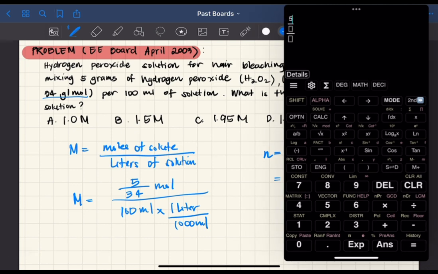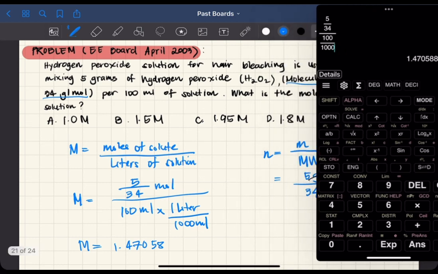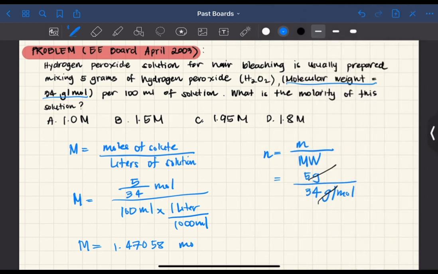This is 5 over 34 all over 1000 over 1000. So this is equal to 1.47058 and so on moles per liter.